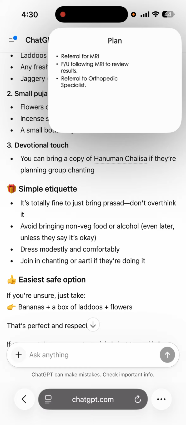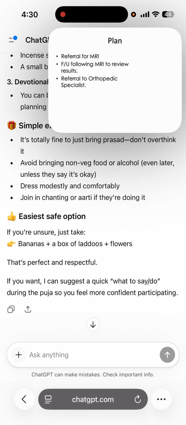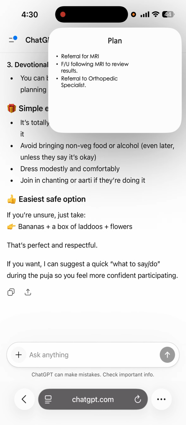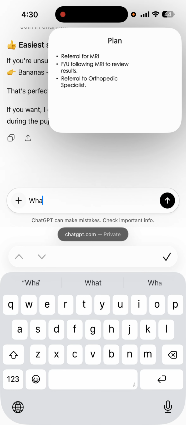And a referral to imaging is necessary in this case. So basically, you may want to also consider physical therapy and have the patient come back in a week for follow-up for the MRI review. And you may want to eventually send this patient to a referral to an orthopedic specialist.